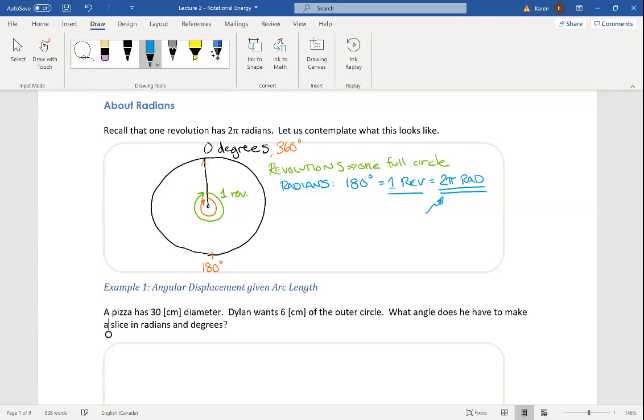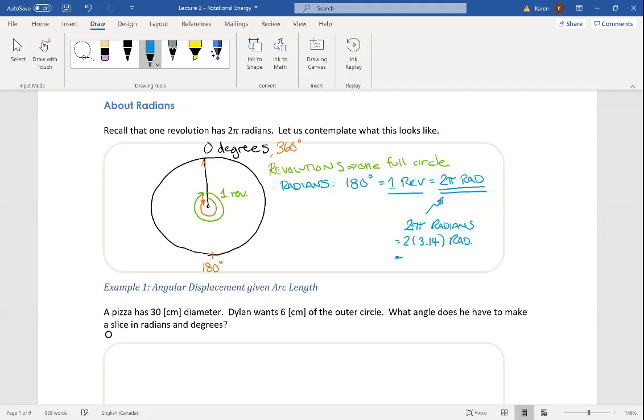That means that in 1 revolution, there are, literally, 2 times pi radians, right? So there are 2 times 3.14 radians in 1 revolution.